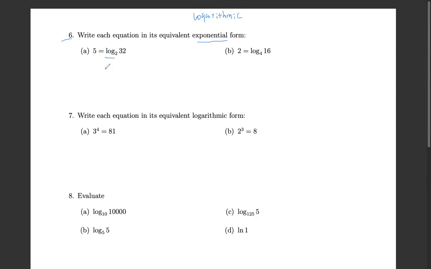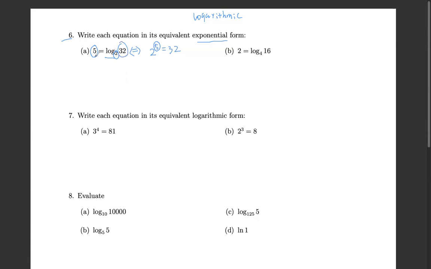So what does this mean? This equivalently means 2 raised to 5 equals 32. So this is the exponent 5, right? Whenever we see log, we can train our brain to think that's the exponent of the base. And then this here is the value.